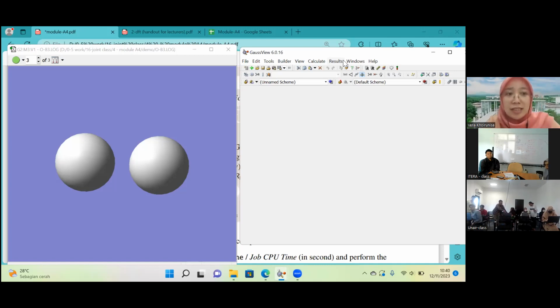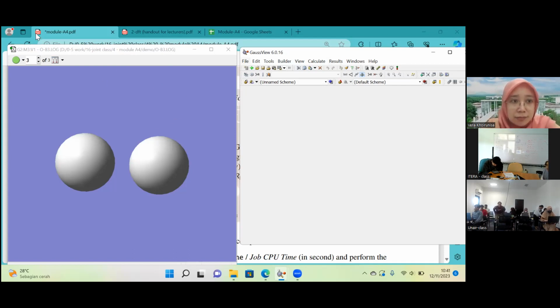They need to consider it, but they don't have to put it in the report. So the report is the molecule with the lowest energy of the spin multiplicity. Okay.